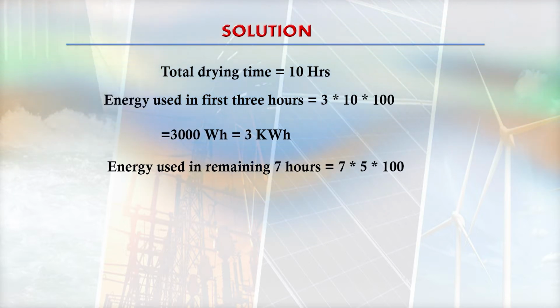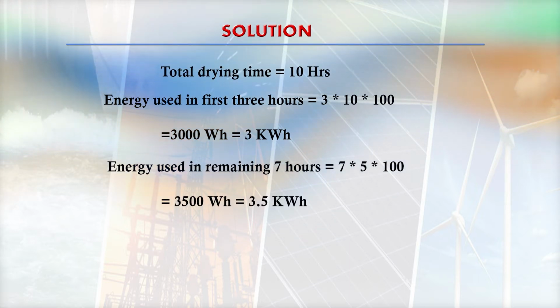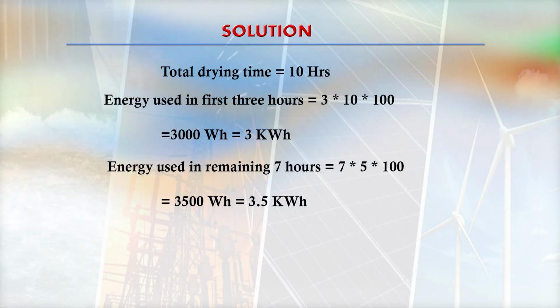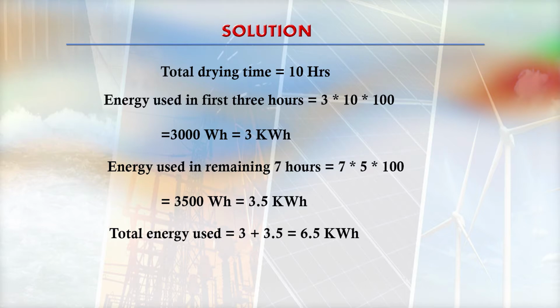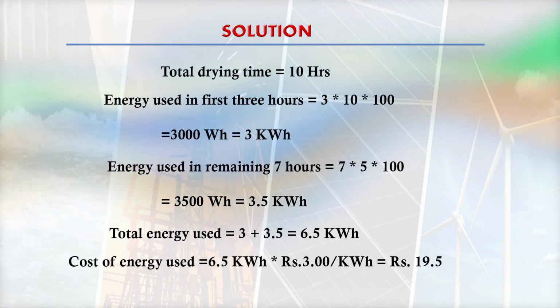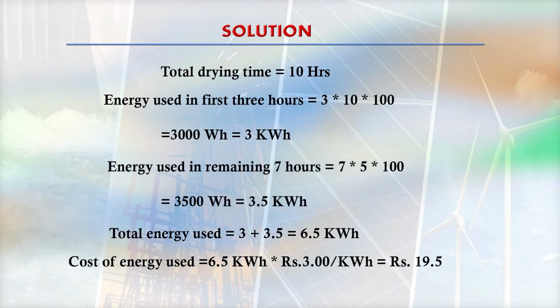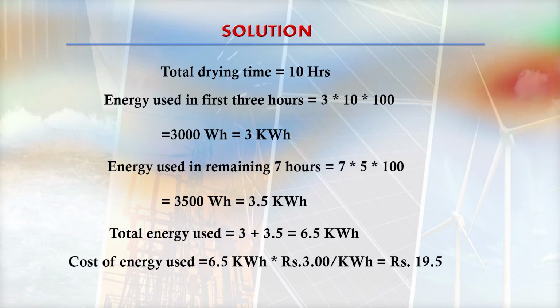We will calculate 7 into 5 into 100, and the result will come 3500 watt hour, equal to 3.5 kilowatt hour. The total energy used is 3 plus 3.5 equal to 6.5 kilowatt hour. As we know, the cost of electricity is 3 rupees per unit. The total cost of energy used is 6.5 into 3 rupees, which will come to 19.5 rupees.